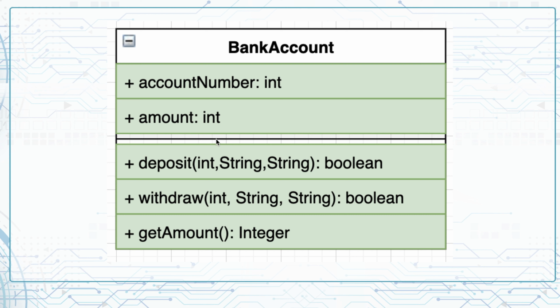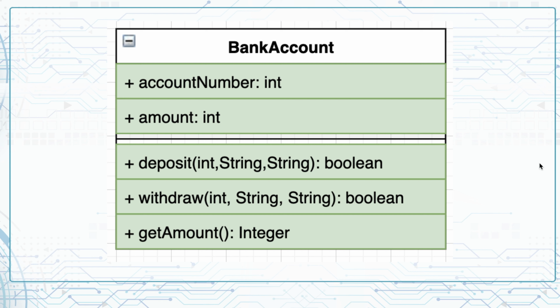As you can see, I'm using the green color here with the plus sign to indicate that the attributes, account number and amount, have public access. So green color with the plus sign is public access. And the three methods also have public access. This example is built without implementing the encapsulation principle.